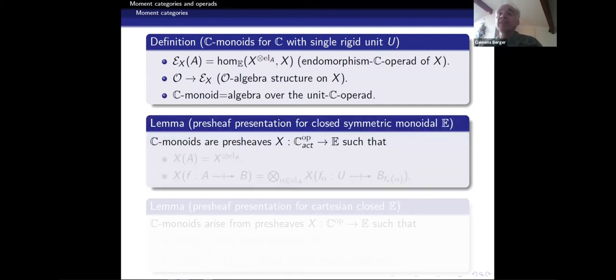And now what is important is that you have a presheaf presentation for the C-monoids. C-monoids are precisely presheaves on the active part, which satisfy that on an object you have this decomposition into tensor products, and on an active morphism you have also a decomposition into many-to-one operations, so to speak.